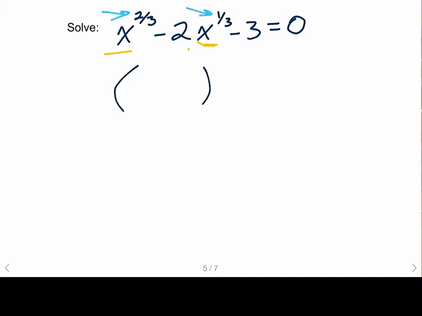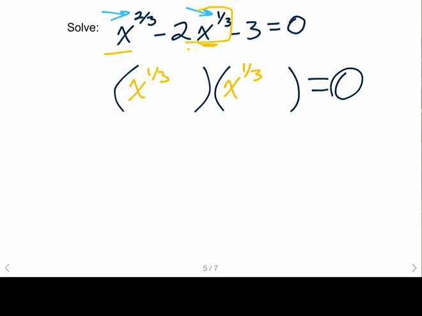So I'm going to factor this into binomial pairs, or binomial factors, and I'm going to put x^(1/3) in the first term of each binomial. You may notice we keep using the guy in the middle. And that's pretty much the norm when we are solving equations quadratic in form.